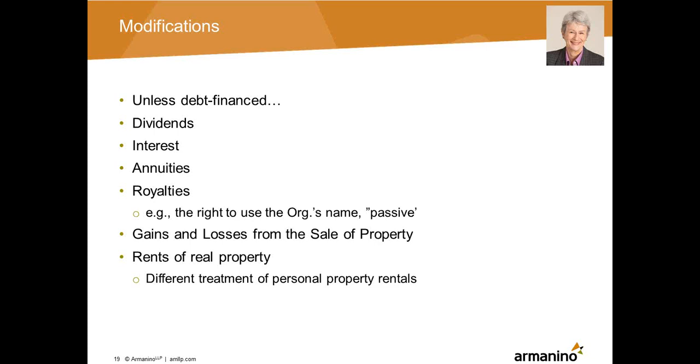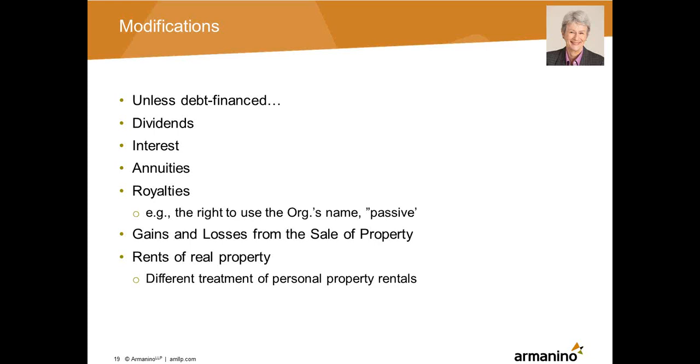So debt financing will change the rules around this kind of income. And the other thing is if you have a controlled subsidiary or if you are a controlled subsidiary, there are very special rules related to your situation. So these general rules won't entirely apply to you. They apply somewhat, but not entirely.